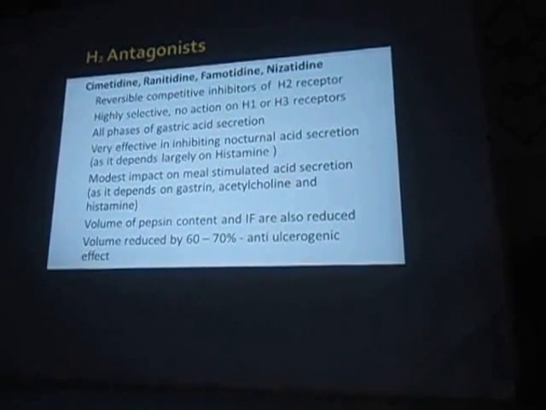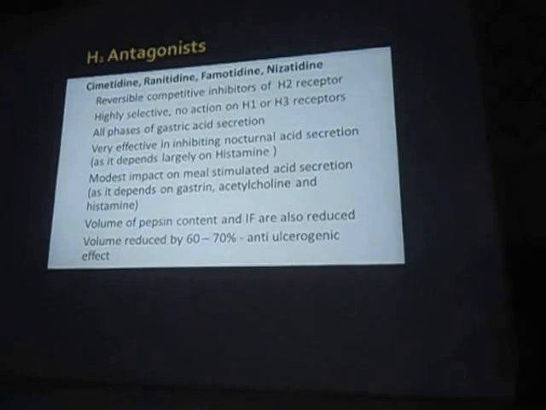Now to the H2 antagonists. Here we are acting on the histamine receptors. Just imagine the diagram which you have seen in the first stage. We have three components there: gastrin, histamine, and acetylcholine.